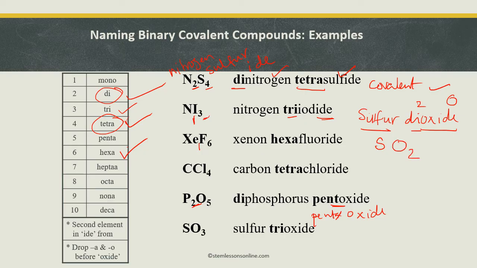Now let me give you another example. Dinitrogen pentoxide. How to write that? Di means 2, nitrogen means N, pentoxide means 5, oxide means oxygen. So N2O5. See? You should know both ways, writing and naming. We can practice more, and that's all about covalent compound naming and writing.